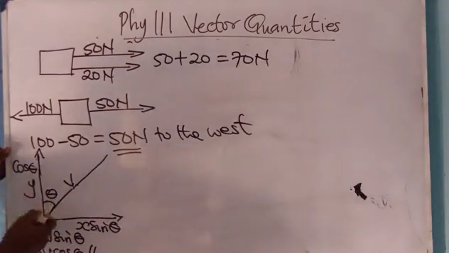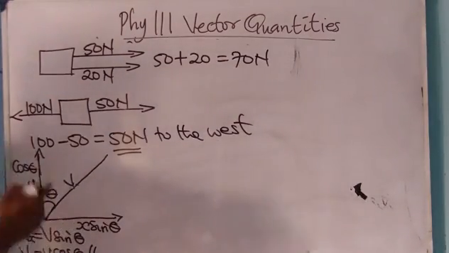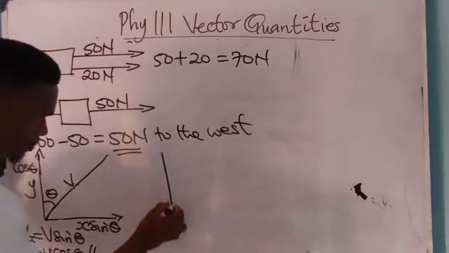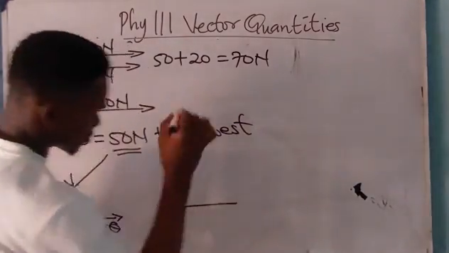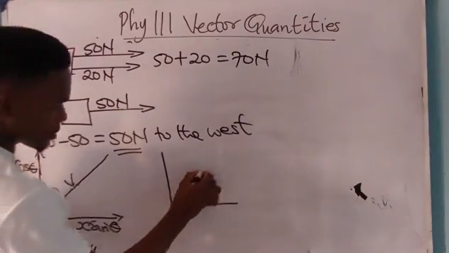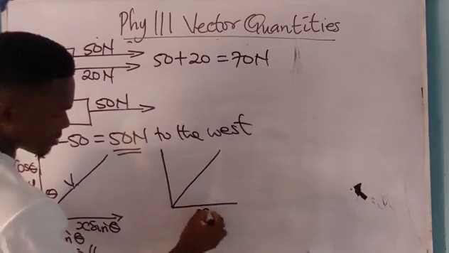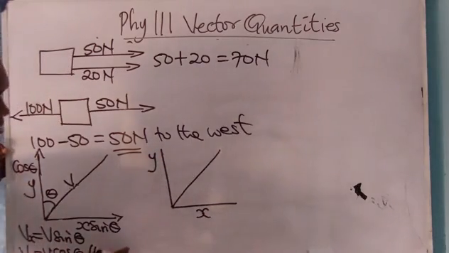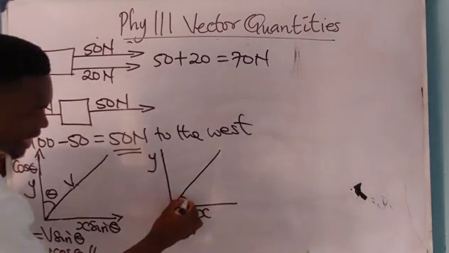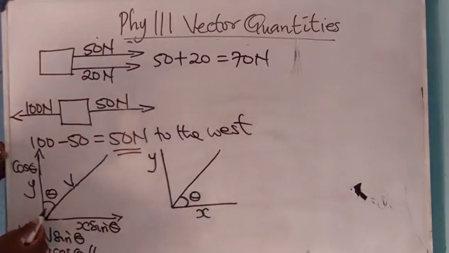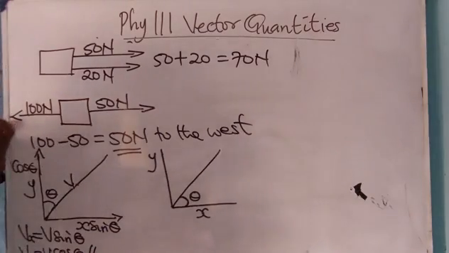But if you now have these forces inclining at an angle to the horizontal like this, this is my x-axis and this is my y-axis. If the angle is now inclined to the horizontal, this one was to the vertical, but this one was to the horizontal.